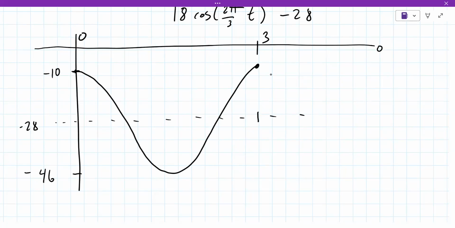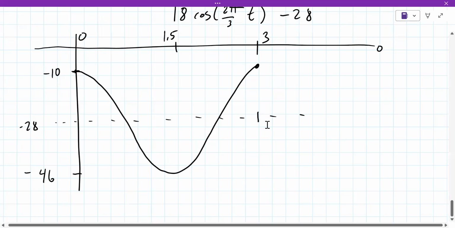And then the middle one is 1.5, right in the middle. And is that all you have to do for the graph, or is there something else? Nope, that's it. Okay.